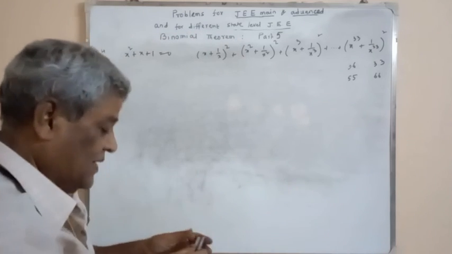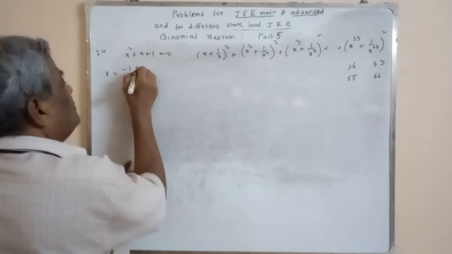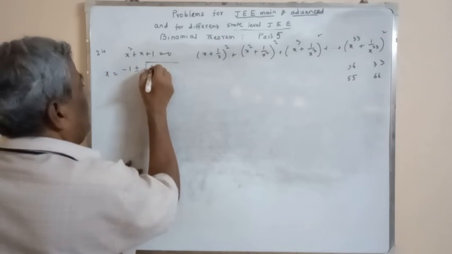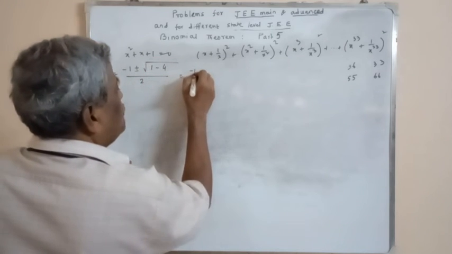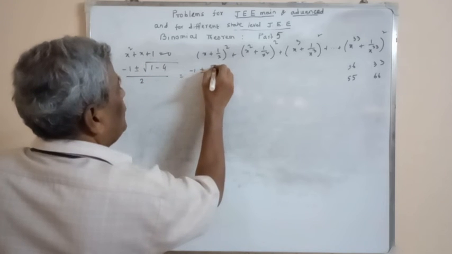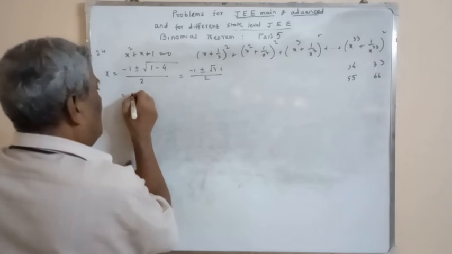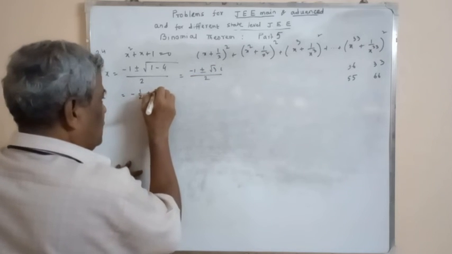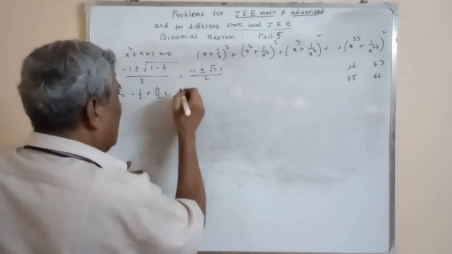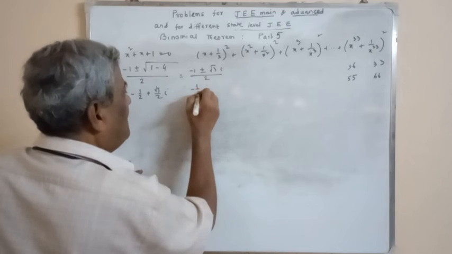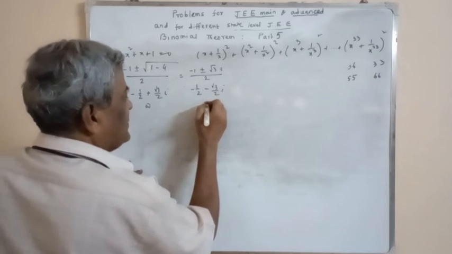Solving this, x is equal to minus 1 plus minus root of b square minus 4ac by 2a, which is minus 1 plus minus root 3 i by 2. It is minus half plus root 3 by 2 i as one value, and the other value is minus half minus root 3 by 2 i. This is omega square.